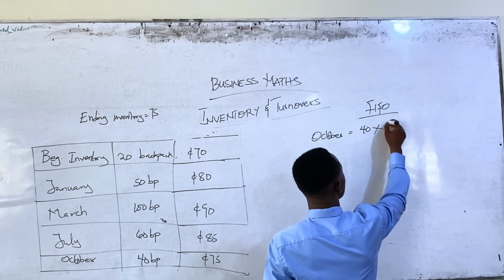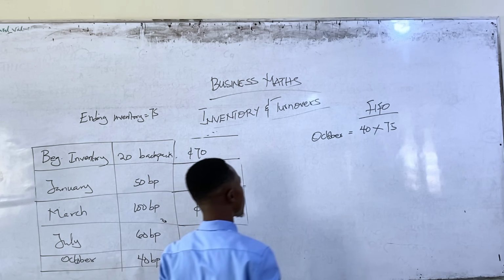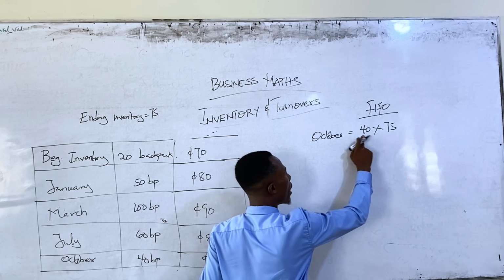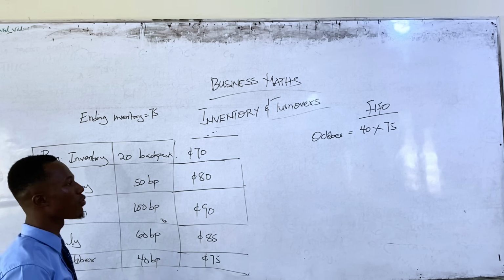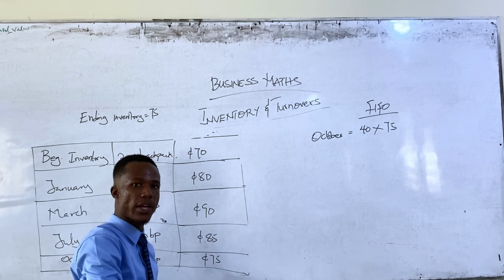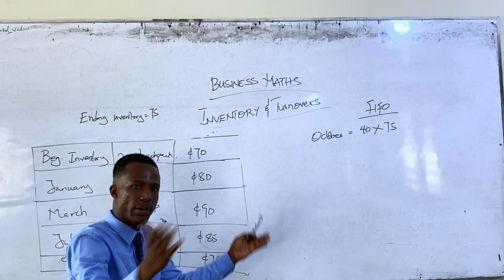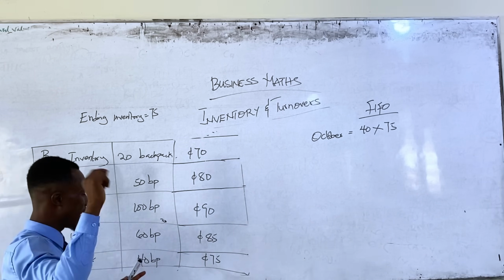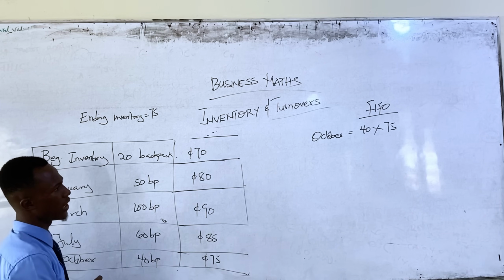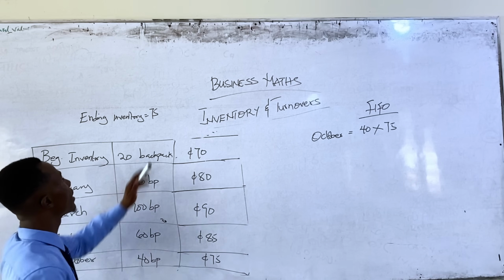Okay, 75. Then, since we have only calculated for 40 out of the 120, it means we have still... sorry, I said the inventory left is 75.